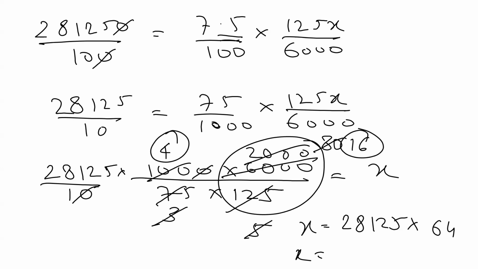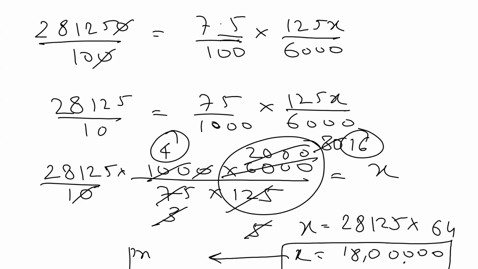If you solve this, you'll get something like 18 lakh. So x is nothing but the property value, and they are asking the value of the building. So the value of the building is nothing but rupees 18 lakh. You have to mention the units as well. I hope you understood this problem. The problem was quite calculative, but this is the solution.